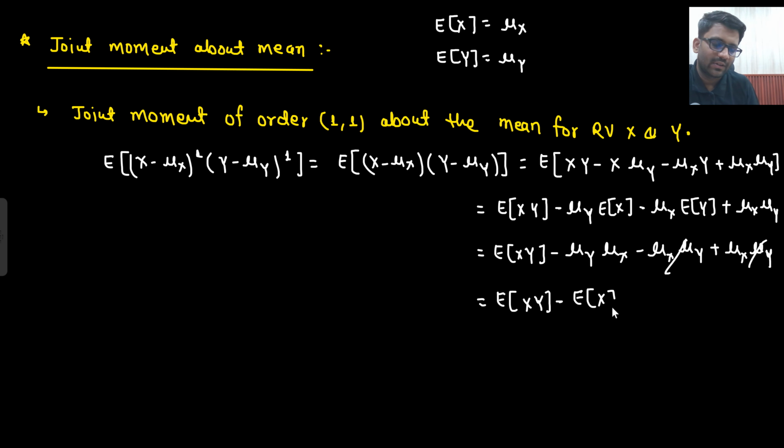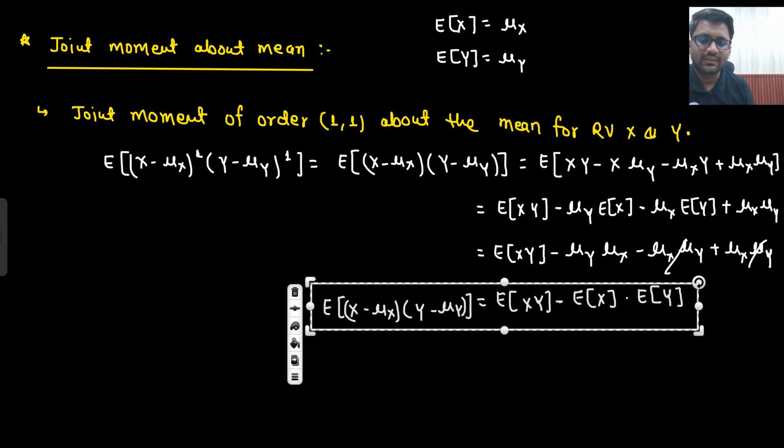So I can write it as E[xy] minus E[x] into E[y]. This is what comes out to be the order 1,1 moment of random variables x and y about the mean.